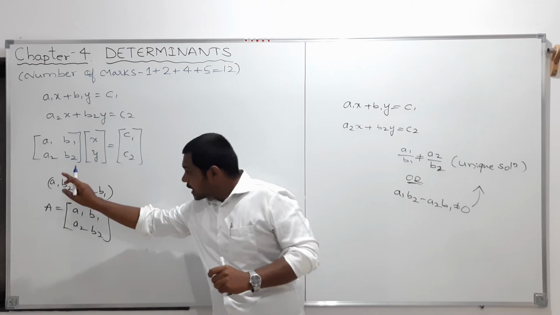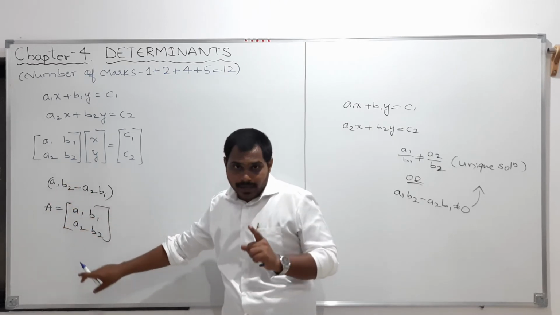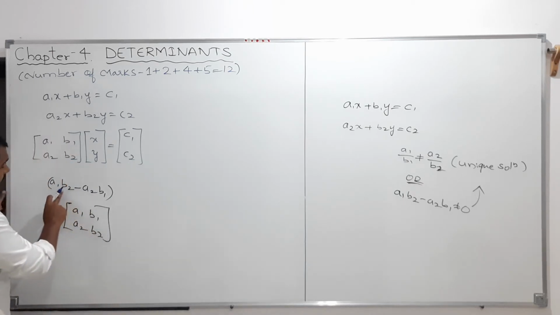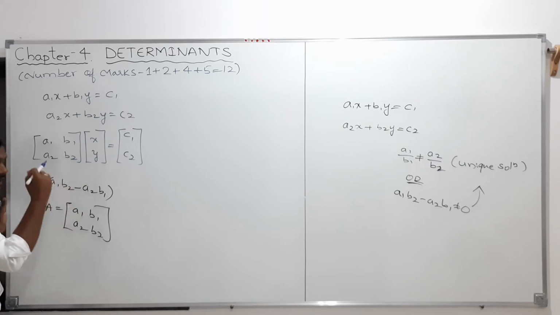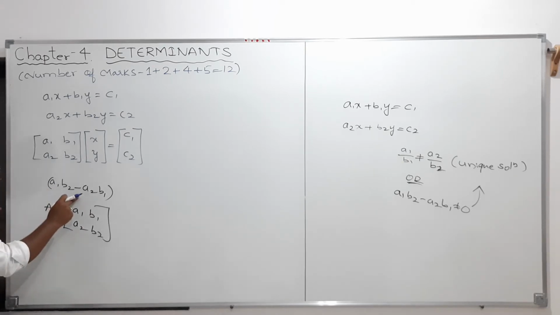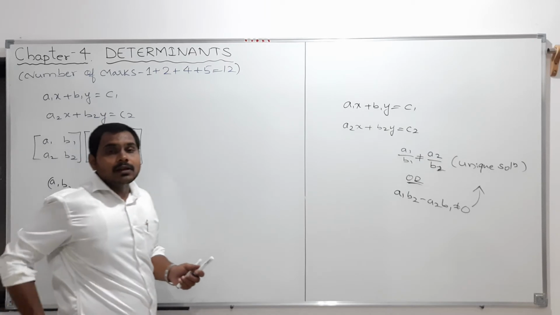If A is any square matrix, then the determinant value of this matrix is a1 b2 minus a2 b1, because this number determines the solution, whether it is unique, infinite, or no solution. So we are considering for any given matrix a1 b2 minus a2 b1 as the determinant.